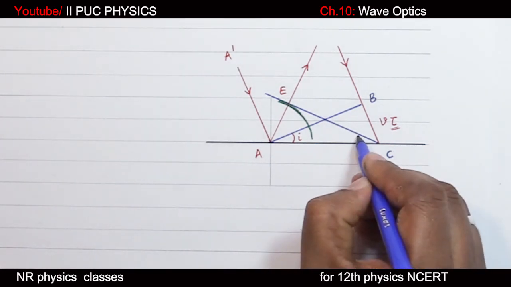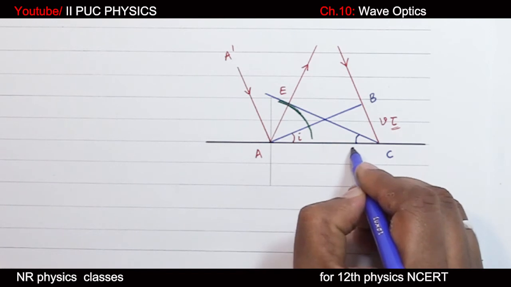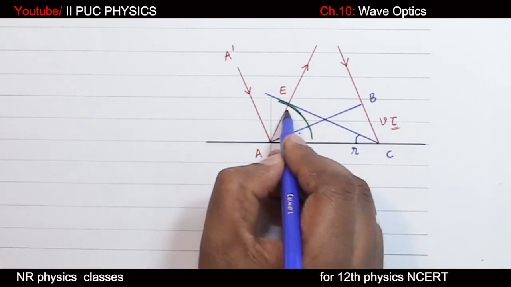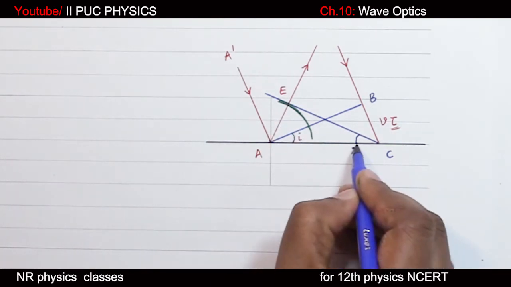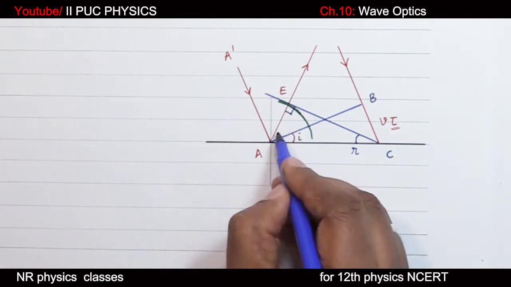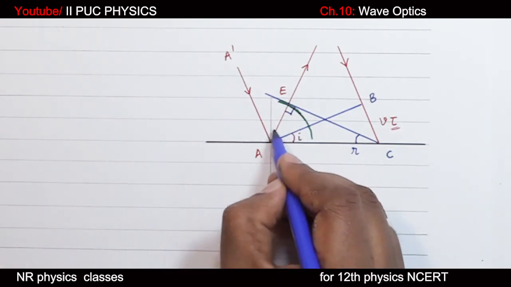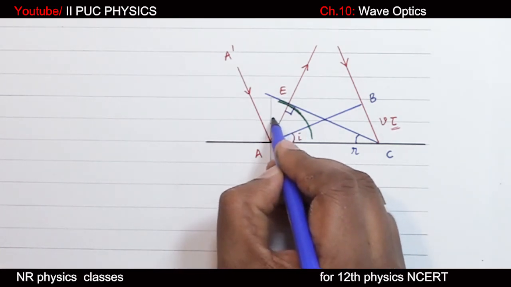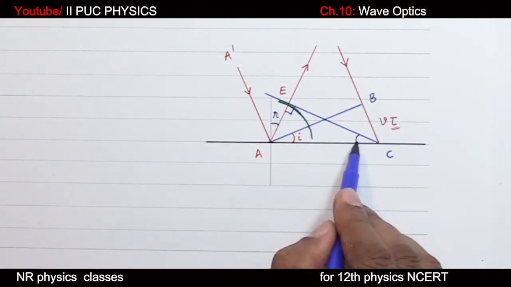If this is 90 and this is R, the angle of reflection R, then this is 90 minus R, and this angle is R. Angle of reflection.